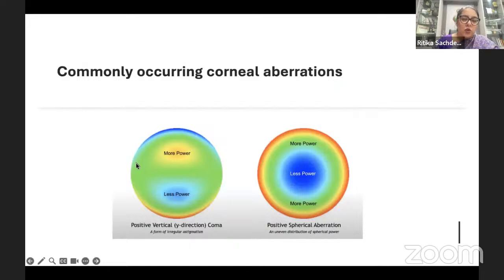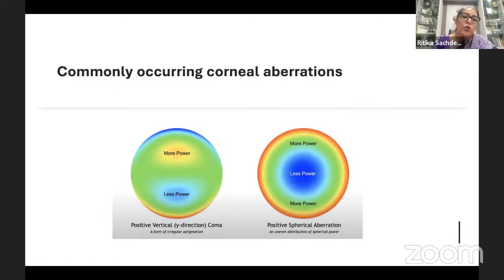You see the image on the left side, the less power and the more power, again creating a difference in power, more in the center. This is actually a form of irregular astigmatism, which causes an aberration, which manifests as coma. This difference or deviation is vertical, so this will give you a vertical coma. If this was horizontal, it would have given you a horizontal coma.